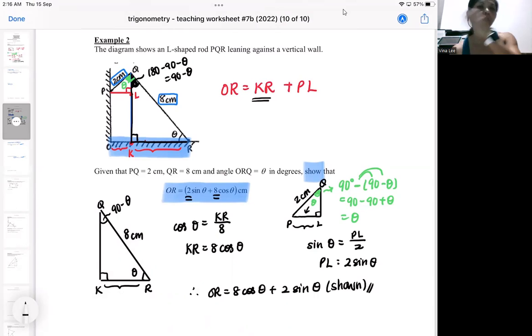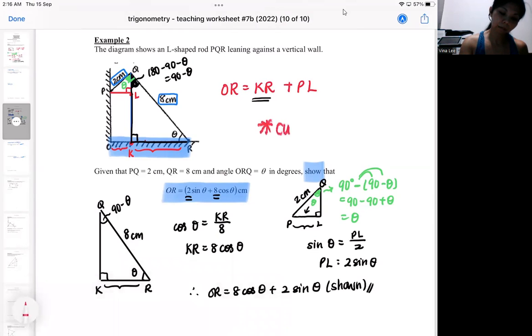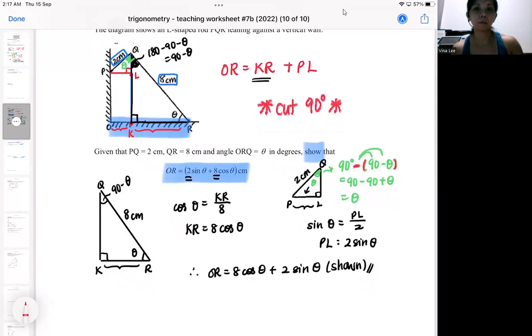So the guideline is you don't cut the angle, don't cut the two lengths. You only cut the 90 degree. So you can have the original 90 subtracting an angle. That is something for you to take note. Then after the showing, everything else repeats with your R formula.